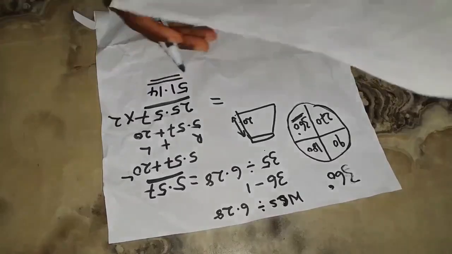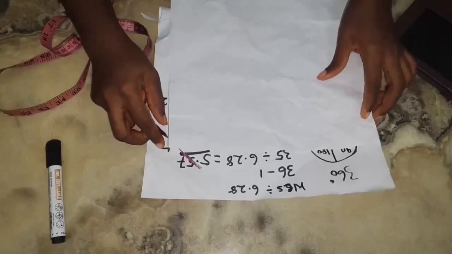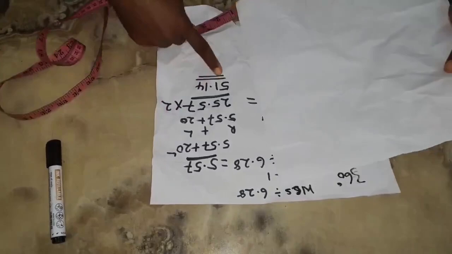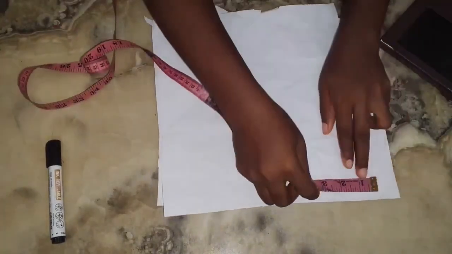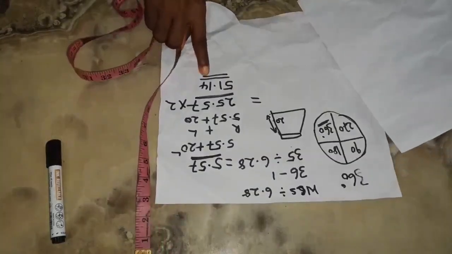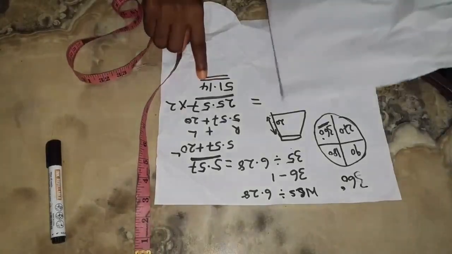So on our fabric now, let's assume this is our fabric. For the material now, we'll be needing 51.14, which is our value.